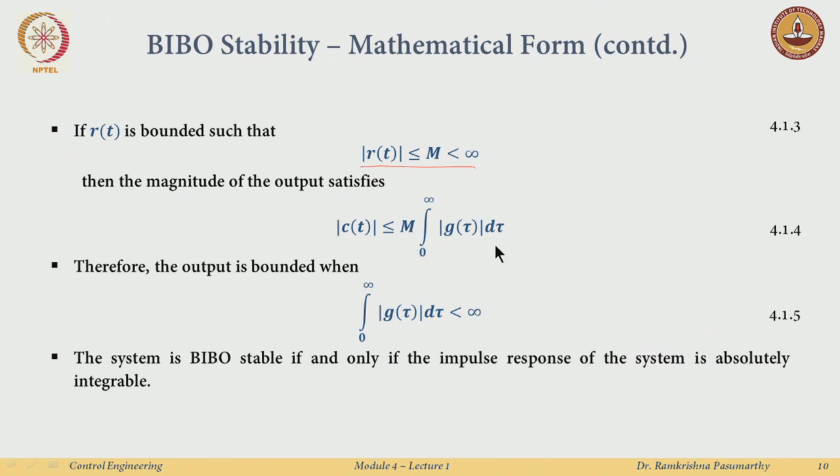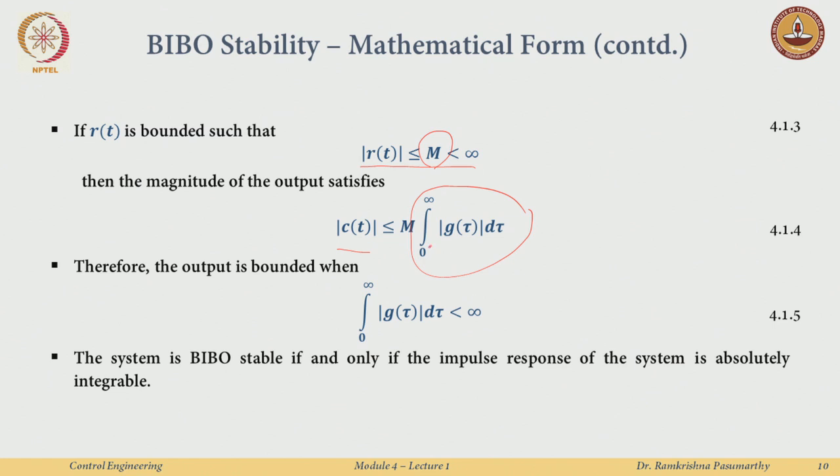Now, I ask the question, R of t is bounded, when is C of t bounded? Well, the answer has got to do with this guy now, because I already know that R is bounded by m. So, the answer of when does a bounded input result in a bounded output lies in this expression here, right.